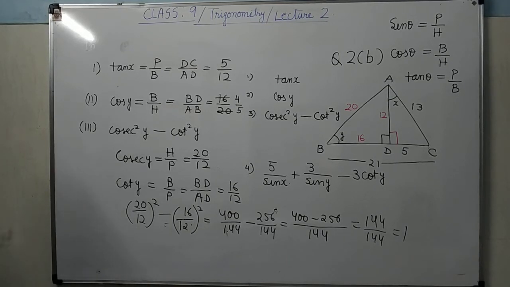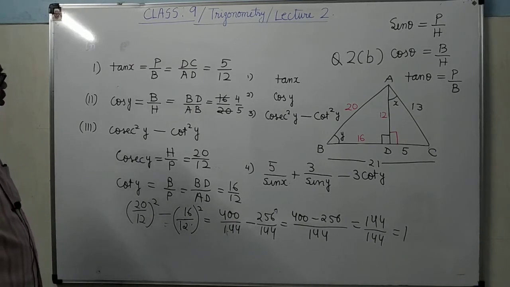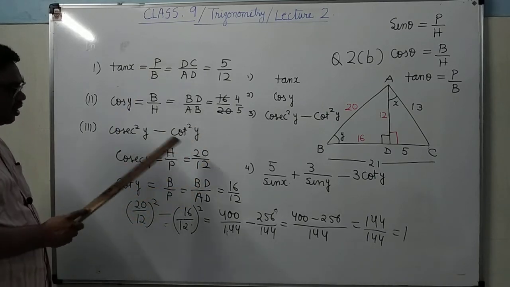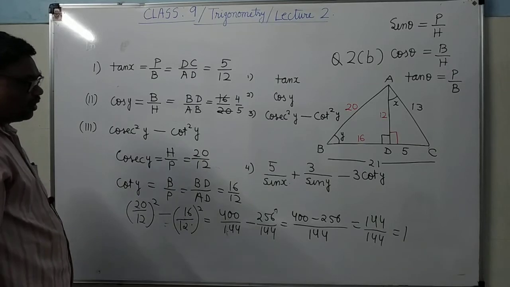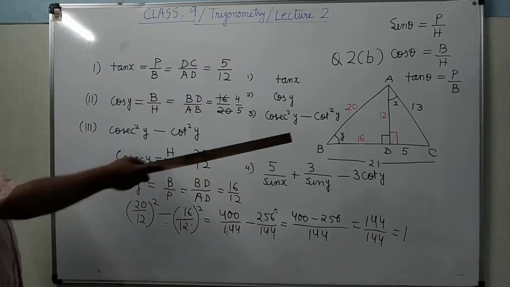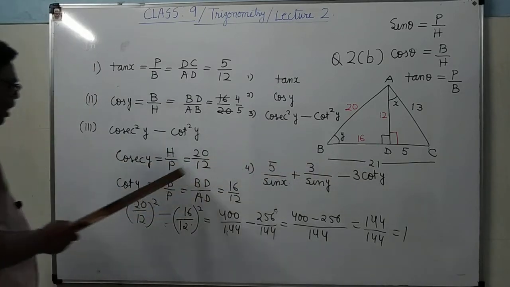And now see the fourth part. Here also you will determine these values. If you see here, sin x you have not determined so far. So you have to determine. Sin y also you have not determined, but cot y has already been obtained here.